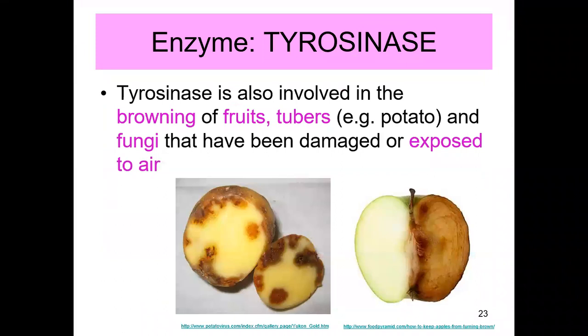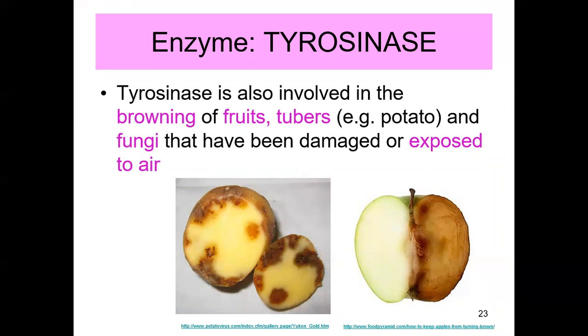So enzyme tyrosinase, interestingly, is also found in the apple and also potato, because when you cut the potato or the apple and leave it there in the air, after some time or very quickly they will turn brown, because tyrosinase, when it's exposed to oxygen, will actually catalyze the reaction to produce melanin. So that gives you the brown color, even in the fruit also, which is very interesting, right?